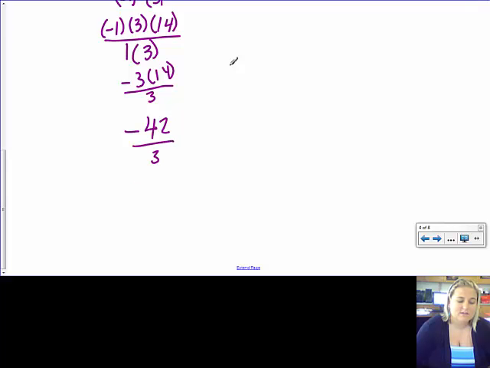When I divide this, I get negative, because a negative divided by a positive is a negative 14. You could have also seen that 3's will cancel here, same thing.